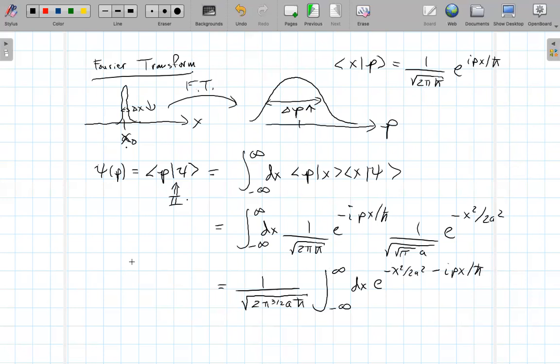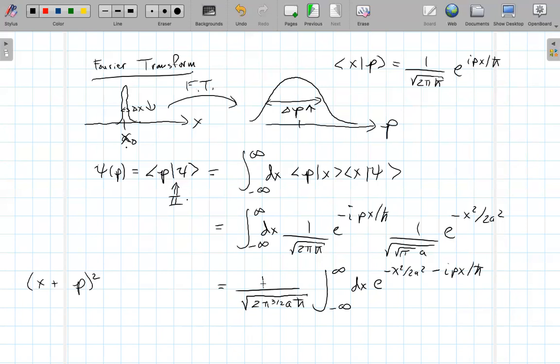So I'm going to rewrite the exponent as something that goes as x plus some other factor times p, quantity squared. I have a factor maybe on x, a factor on the p, but I want to rewrite this by adding something here, which is going to make it so that I can complete the square, and then I have a leftover term.